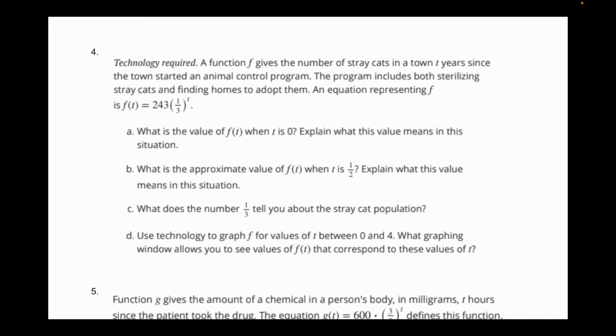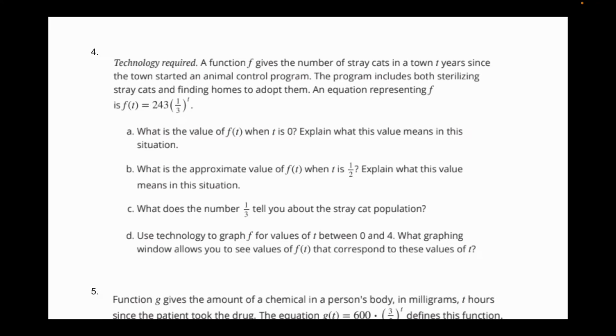So, technology required. A function f gives the number of stray cats in a town t years since the town started an animal control program. The program includes both sterilizing stray cats and finding homes to adopt them. An equation representing this function f is f of t equals 243 times 1/3 to the power of t.